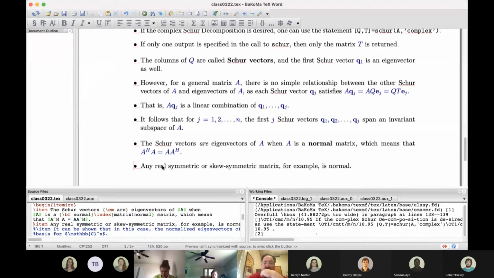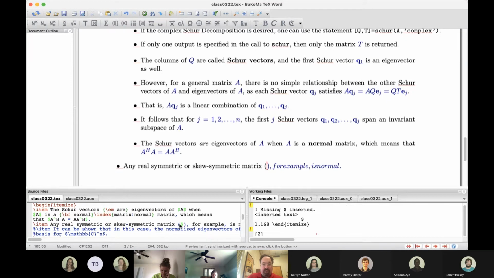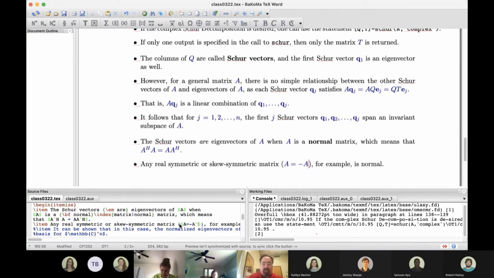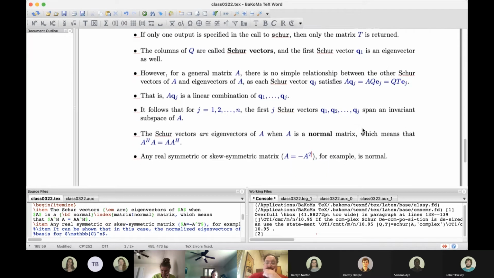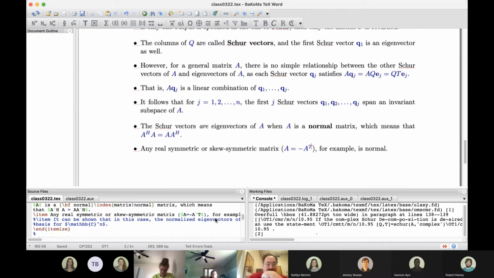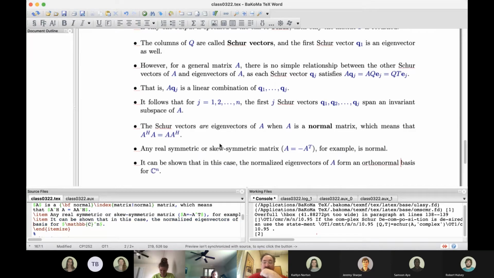A real symmetric or skew-symmetric matrix, where A equals minus A transpose, are two examples of subclasses of normal matrices. And in that case, if A is normal, the normalized eigenvectors form an orthonormal basis for complex n-dimensional space.